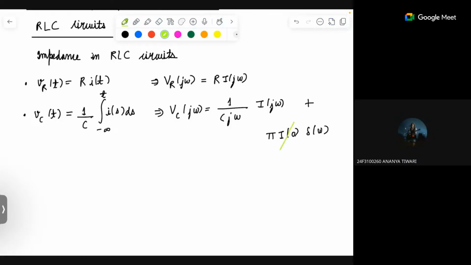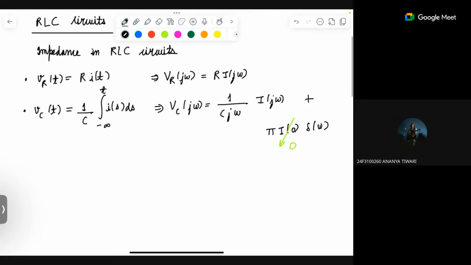Now what we will do is take the current to be zero before we turn on the circuit. I'll write it here: zero if the current before turning on the circuit is equal to zero, at t equal to zero.